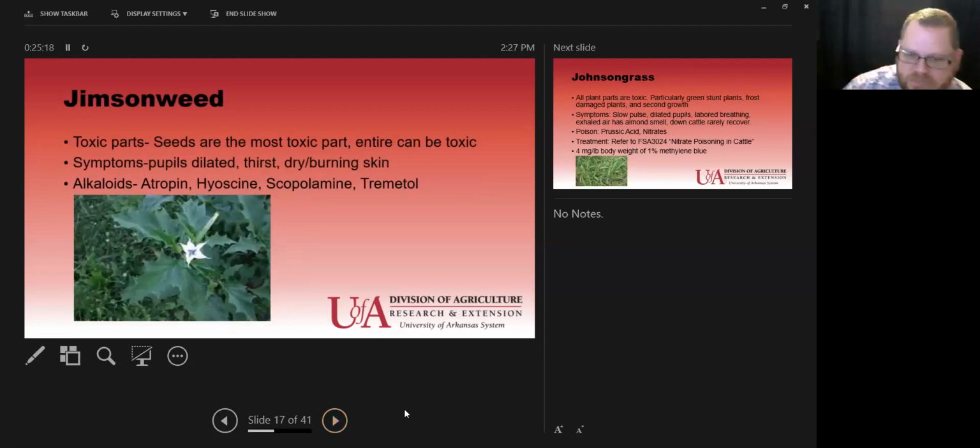So Jimson weed. Not only is Jimson weed toxic to animals, but if you do a little research, you can find that Jimson weed is also a plant that especially teenagers experiment with a little bit. They can use the seed from a Jimson weed and make a tea out of it and drink it, and it becomes a hallucinogen.